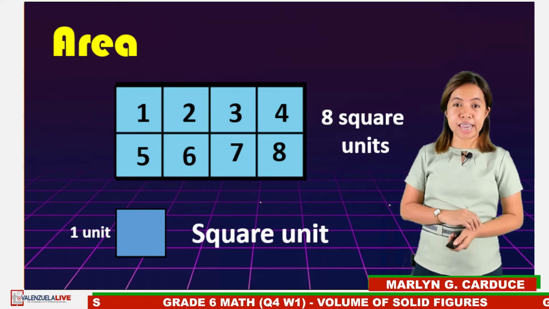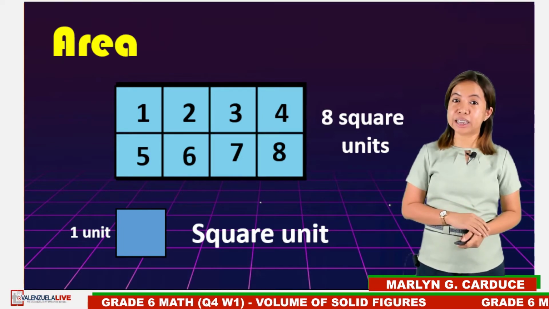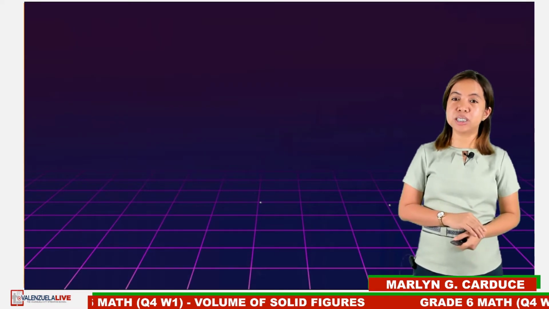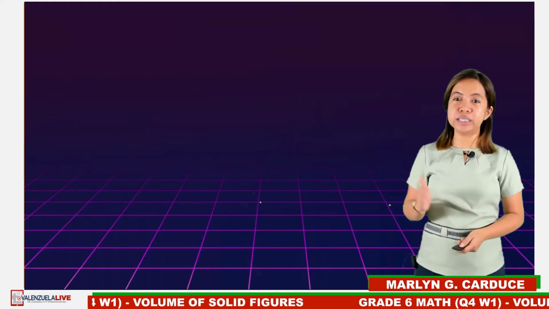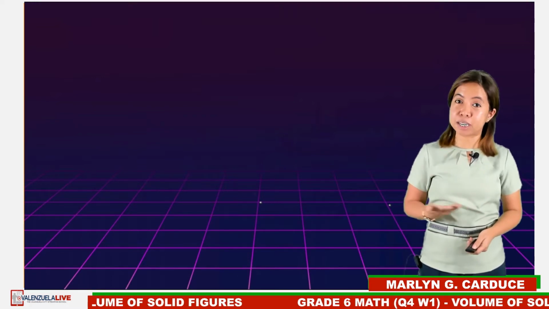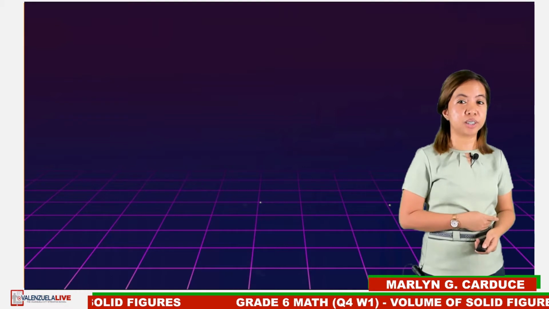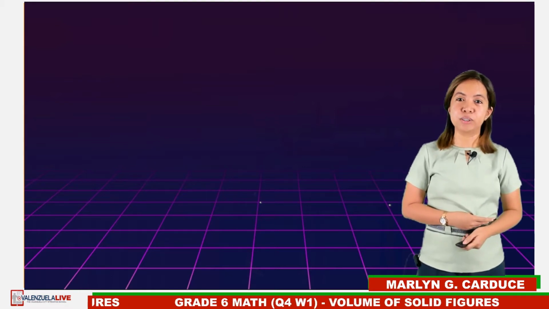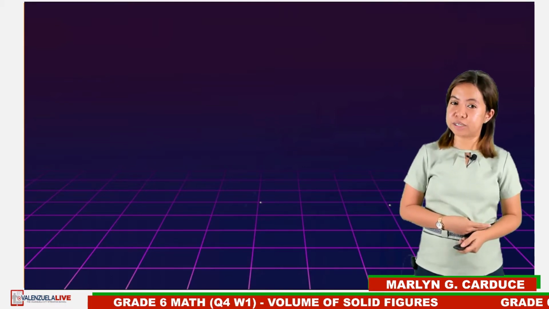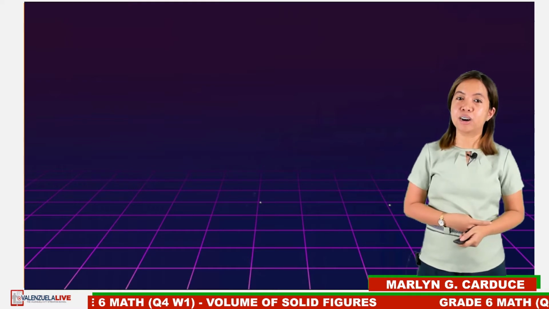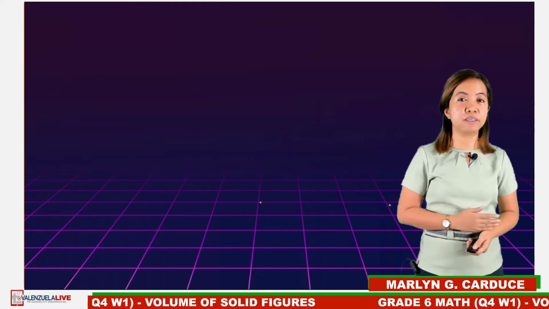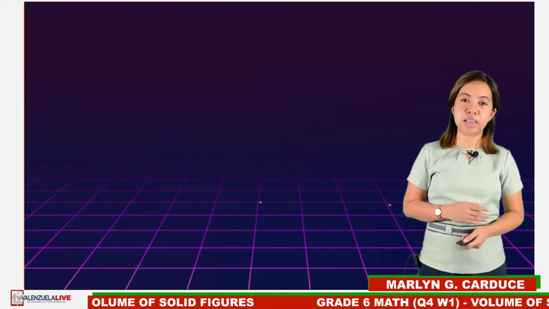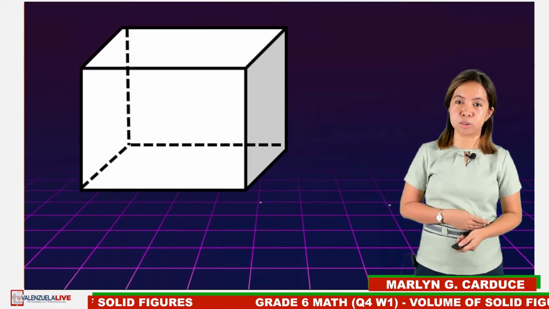The first thing you need to know is that volume is a quantity that all three-dimensional or solid figures have. The volume of a solid figure is the amount of space occupied by the figure. It is measured in cubic units.